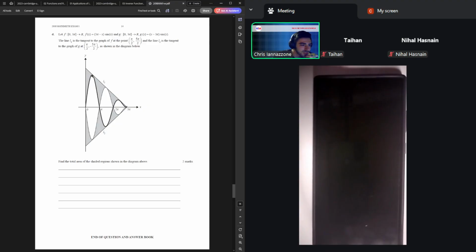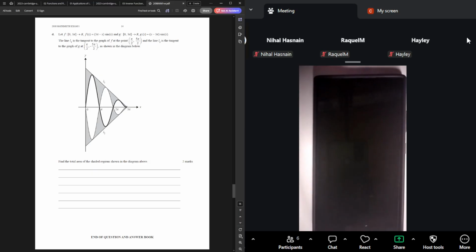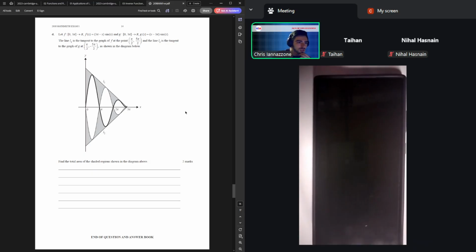But point being, you'd have to do 3 integrals for that. Whereas finding, no, I think it's still going to be 3 integrals either way. But one might be easier than the other. Point is, there's a couple of different ways you could do it. And thinking about things in terms of the geometry and how much area you're creating and subtracting is nice for handling these kinds of questions.